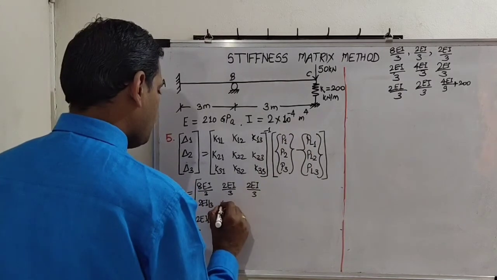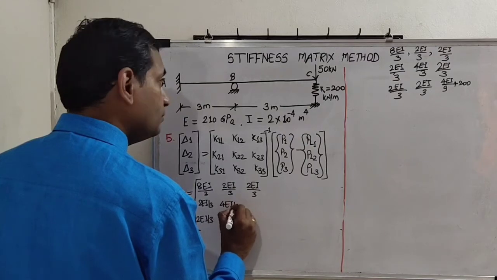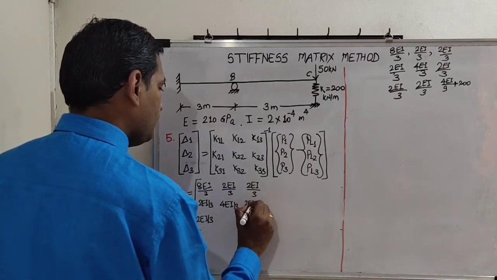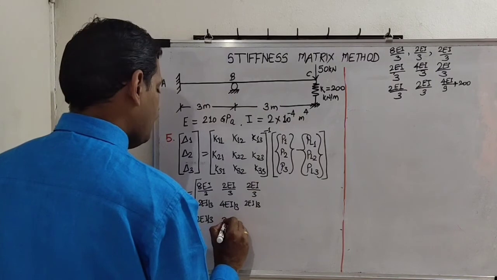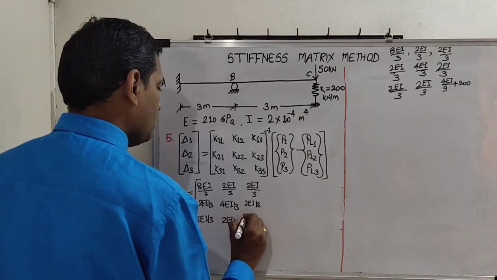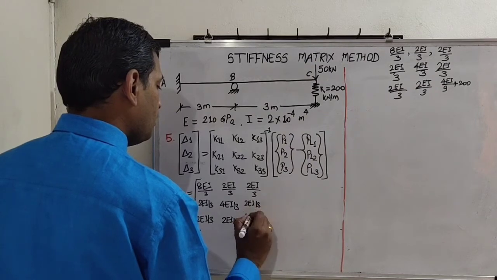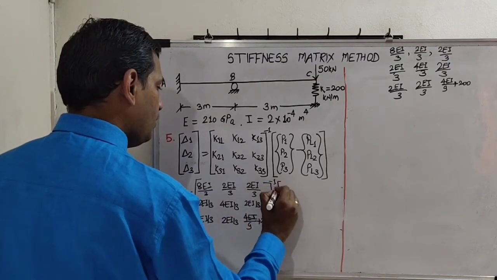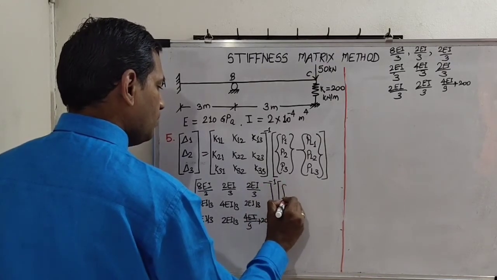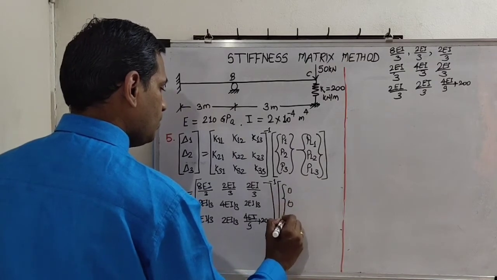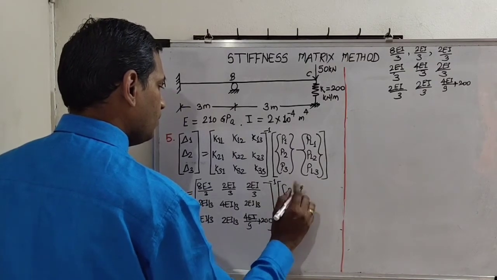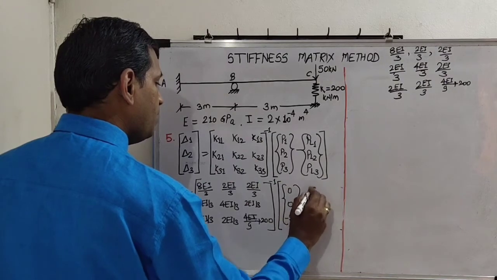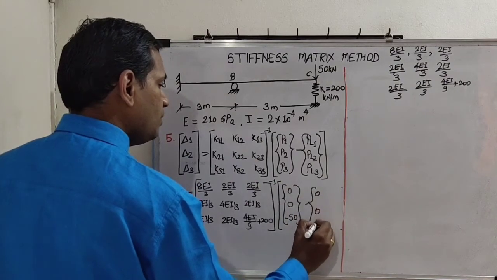Then 4EI upon 3. 2EI upon 3. 2EI upon 3. Then 4EI upon 9 plus 200. So inverse of this matrix into 0, 0, minus 50, minus 0, 0, 0.